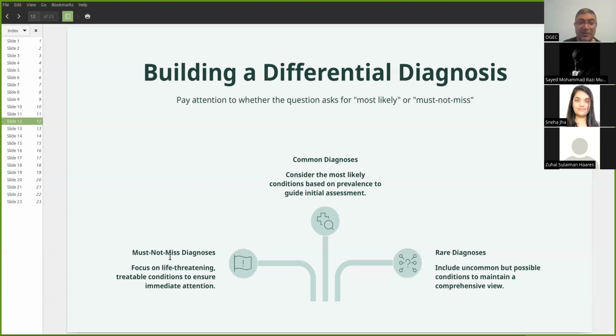First, the most dangerous ones, life-threatening ones, must-not-miss diagnoses, then the common ones, then the rare diagnoses, which are uncommon but possible. Then this is how we will not miss the correct answer in the questions.